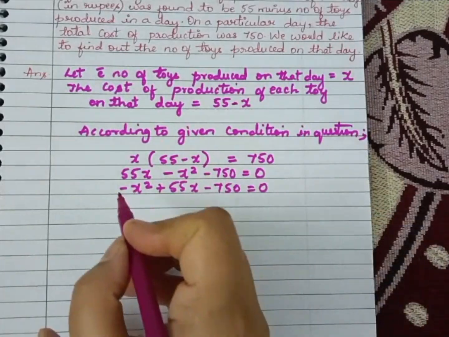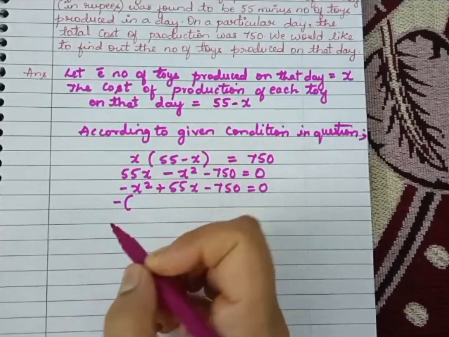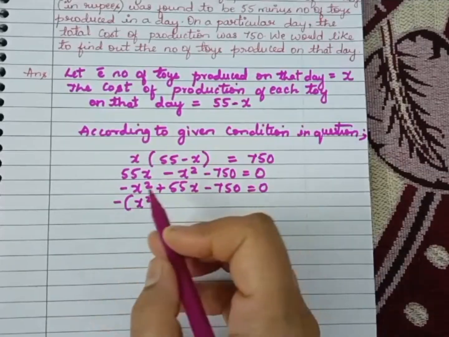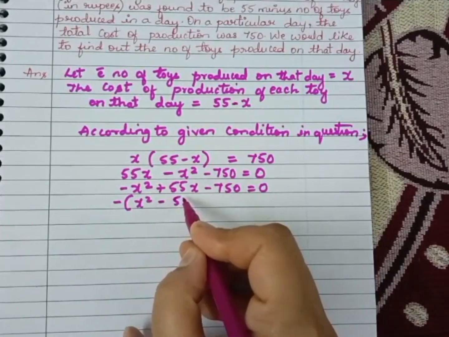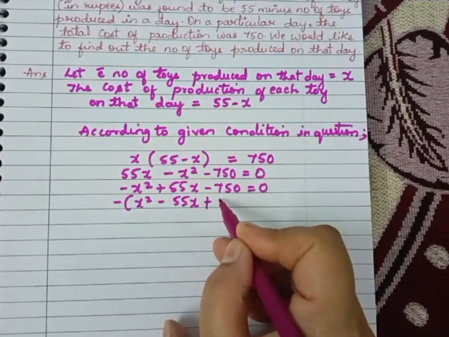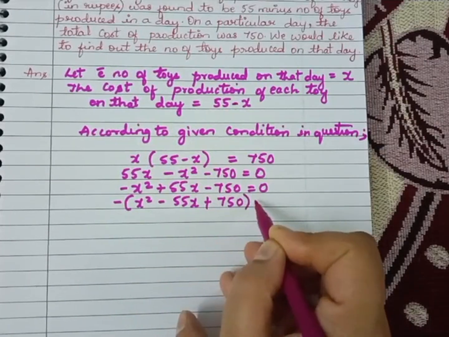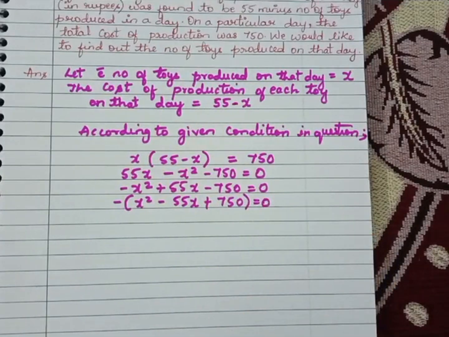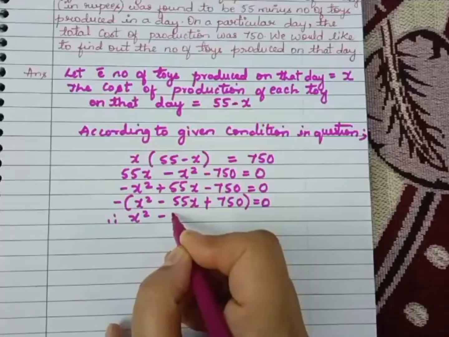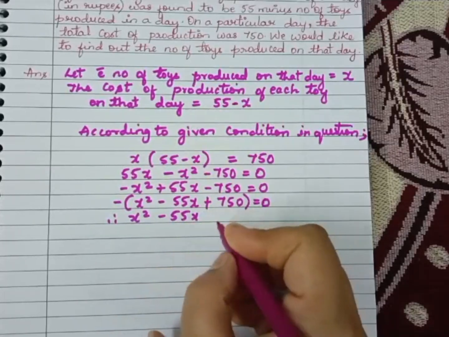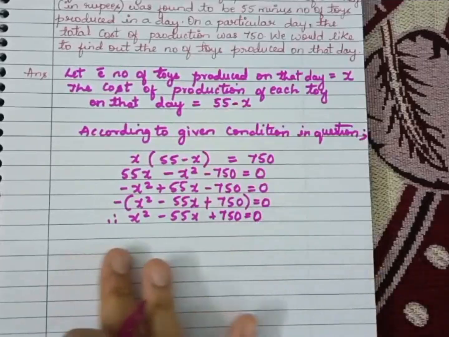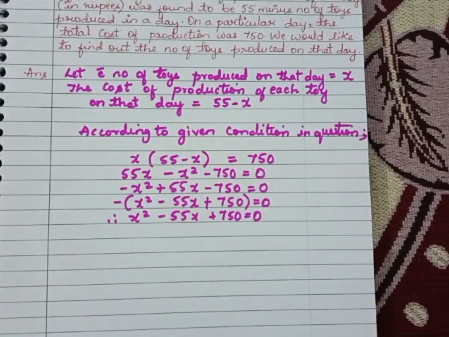Now we have to remove the minus sign, so I'm going to write here minus, then bracket: minus into minus is plus, that is plus x square, minus into plus is minus 55x, minus into minus is plus 750 is equal to 0. Now therefore x square minus 55x plus 750 is equal to 0. Now this is a proper equation first.